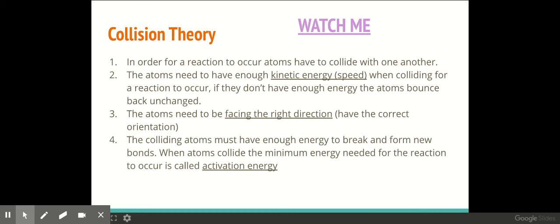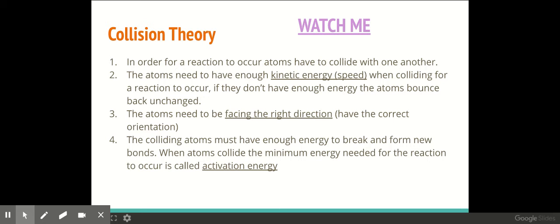Fourth, the colliding atoms must have enough energy to break the bonds and then form new bonds. When atoms collide, the minimum energy needed for the reaction to occur is called activation energy.